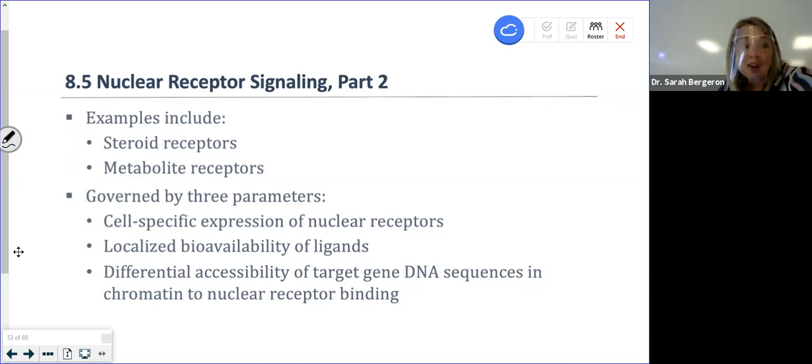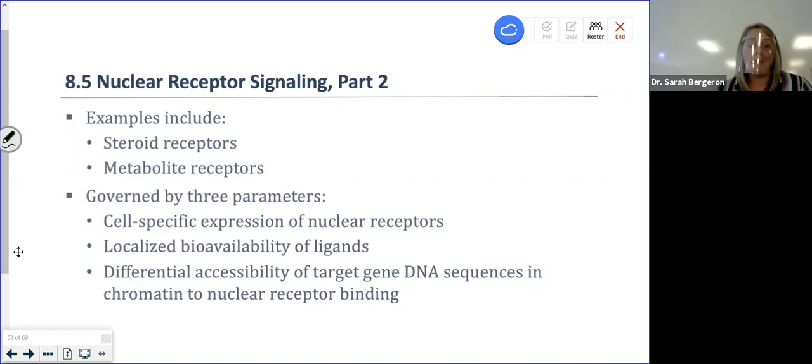So it's going to be governed by cell-specific expression of nuclear receptors. Because do you want every cell in the body to respond to the same steroid? No, right? So each cell is going to express certain subsets of our genes. Same thing is true about the transcription factors. So they're not on every gene.